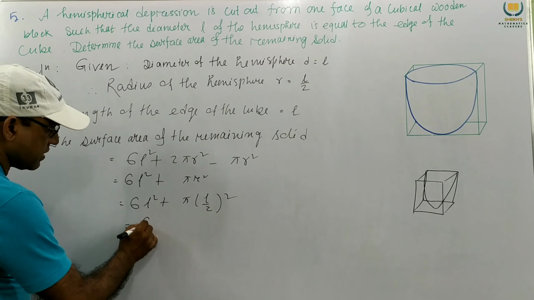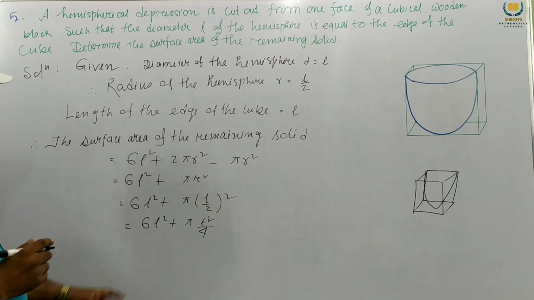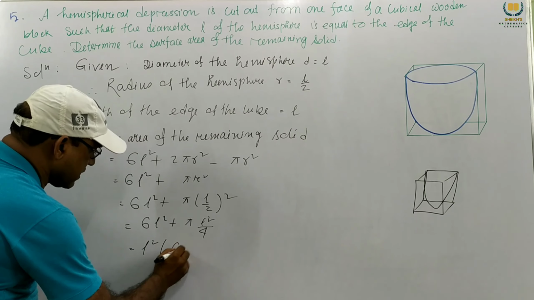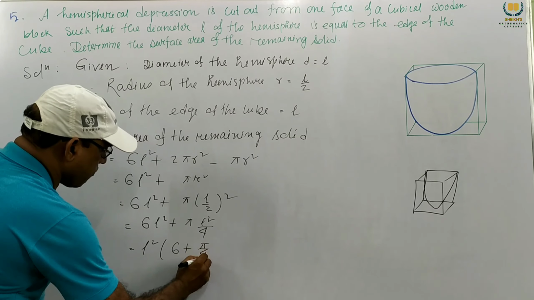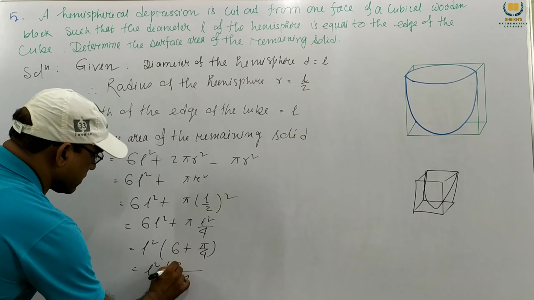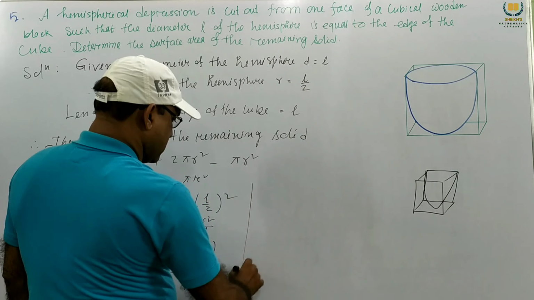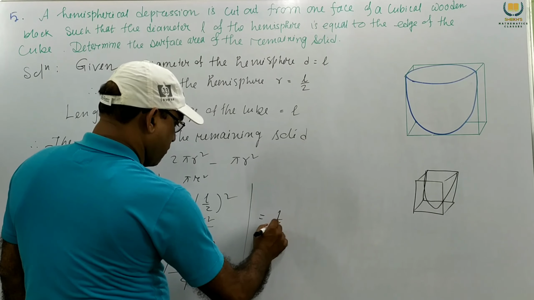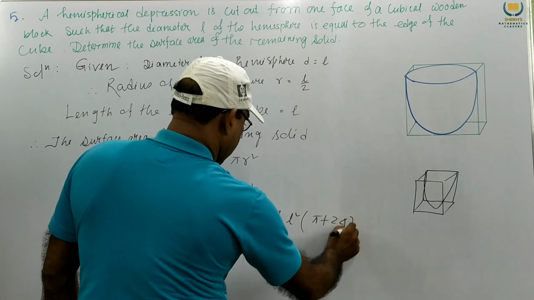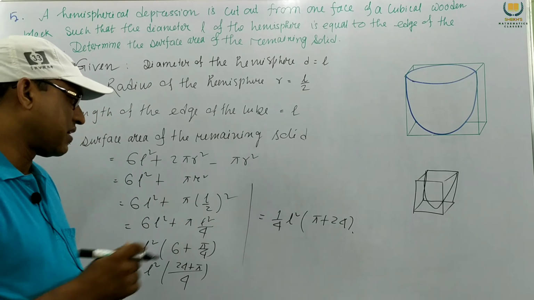This equals 6L square plus pi L square by 4. L square is common, so we get 6 plus pi by 4 times L square. 4 is the LCM, so this is 24 plus pi. At last we get 1 by 4 L square times pi plus 24. This is the required surface area of the remaining solid.